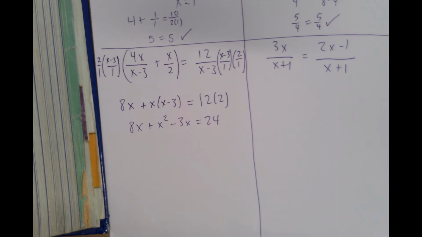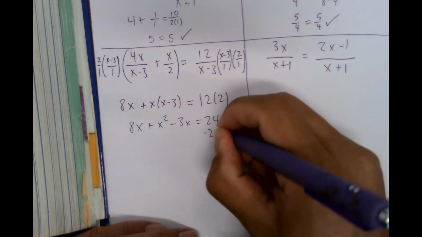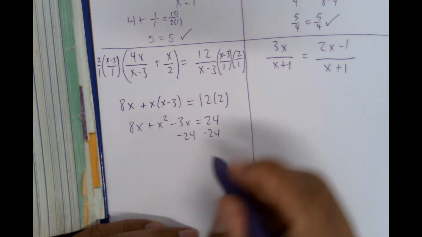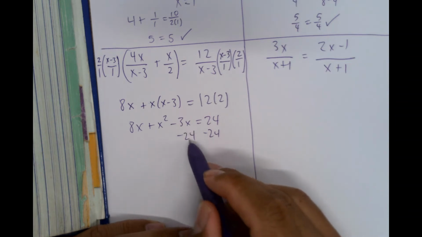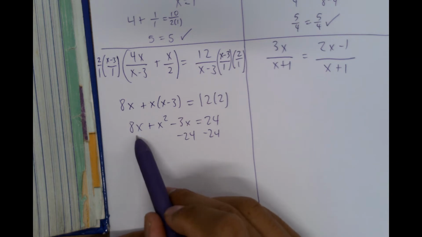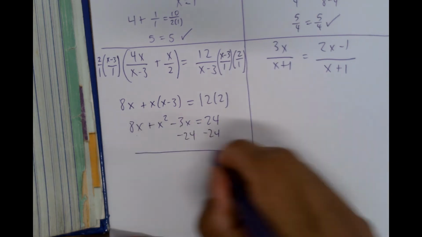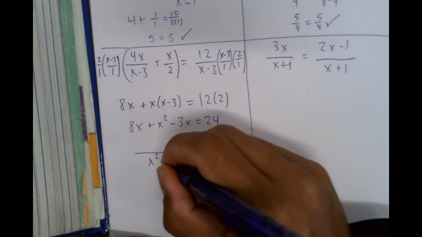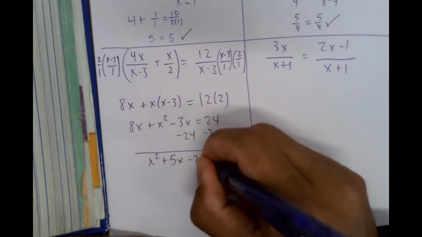So I minus 24 on this side. I can't combine negative 3x and negative 24, they're not like terms. But I can combine 8x and negative 3x, so it becomes x squared plus 5x minus 24 equals 0.